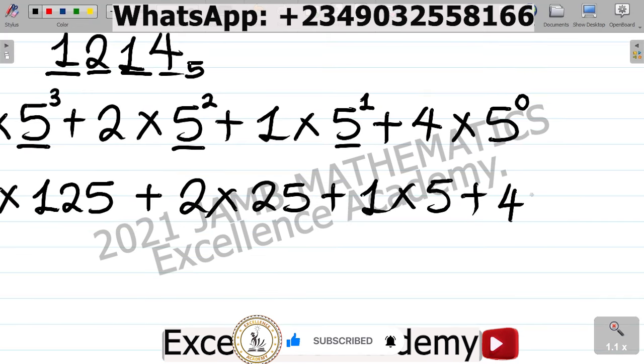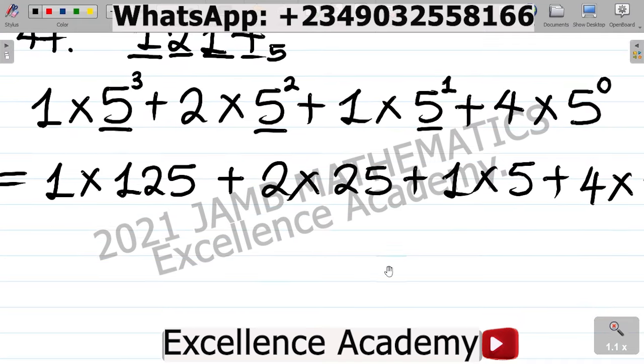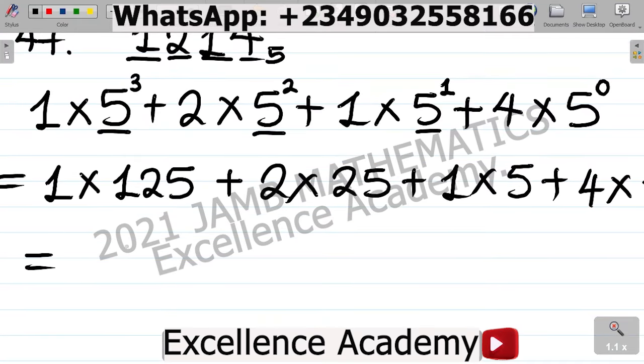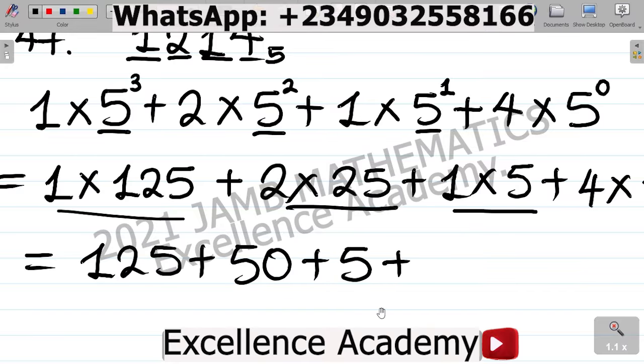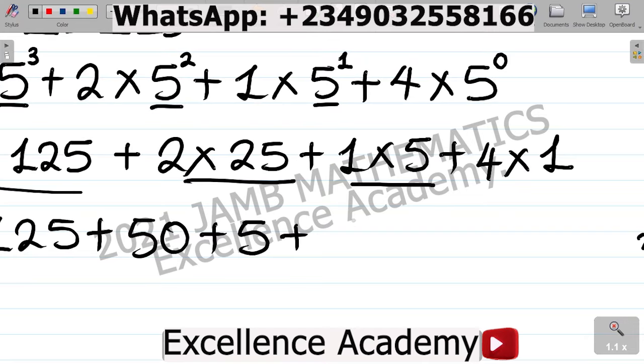That's 4 times 5 to the power 0, which is 1. Now proceeding, this is equal to 1 times 125 gives you 125, plus 2 times 25 gives you 50, plus 1 times 5 gives you 5, plus 4 times 1, that gives you 4.